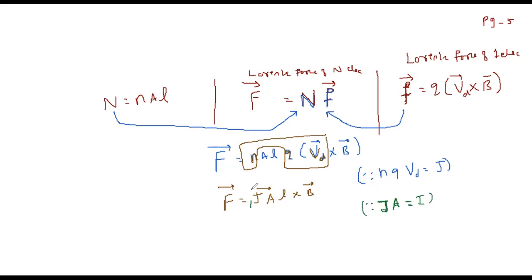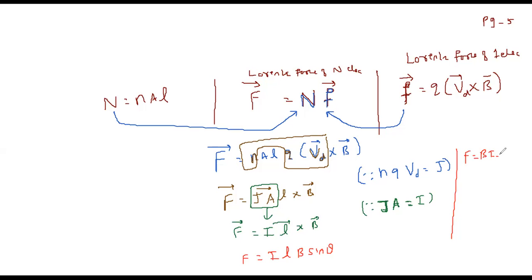So replace J into A is equal to what? I. So this portion becomes I. So I into L cross B. So F vector is equal to what? IL cross B. If you want to write in non-vector form, it becomes ILB sin theta. It becomes ILB sin theta, that is equal to F. So shorter, easy: F is equal to BIL sin theta.